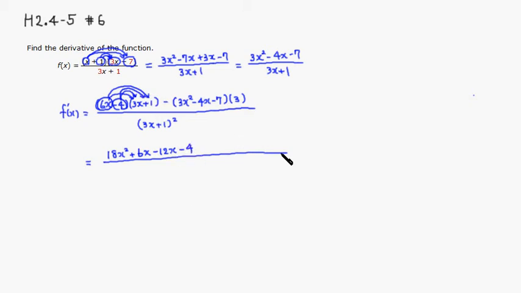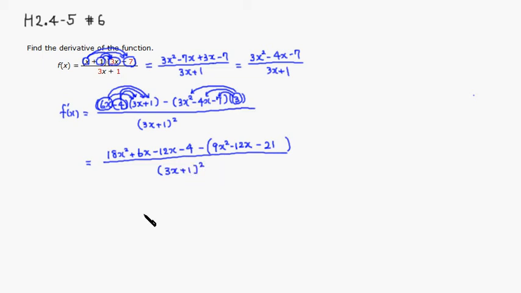Minus, don't forget that this minus sign applies to all terms. 3 times 3 is 9 and x squared, and 3 times negative 4x is negative 12x. And 3 times negative 7 would be negative 21. Then the denominator still stays the same, the quantity 3x plus 1 squared.